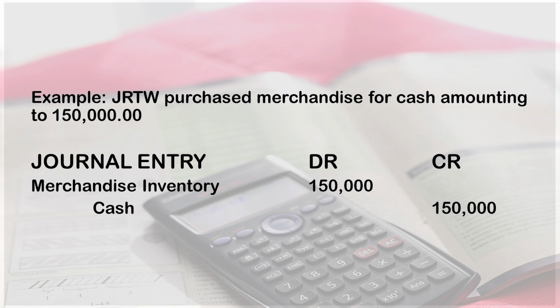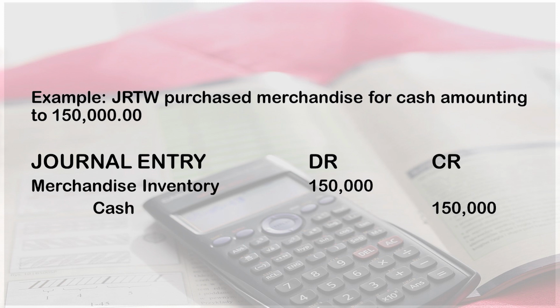Let us now apply rule number 2. It says debit is always on the left side, credit is always on the right side. Try to look at our journal entry. Our entry is merchandise inventory 150,000, debit; cash, credit 150,000. Take note, class, our credit is found under debit, but it is a little bit indented going to the right direction.